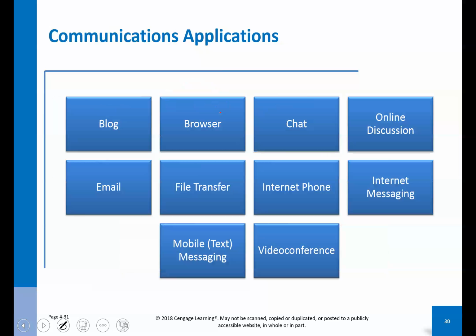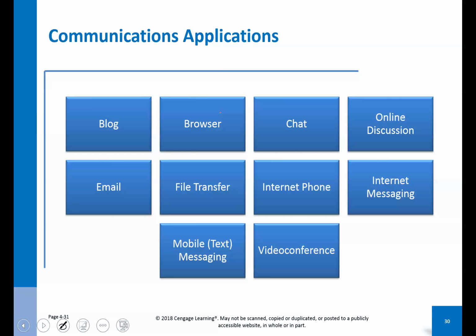Now, we also have a category of software called communication application. The major aim is to help you to talk to others by means of computer networks. So the most sophisticated way for communication happening between two people is real time.